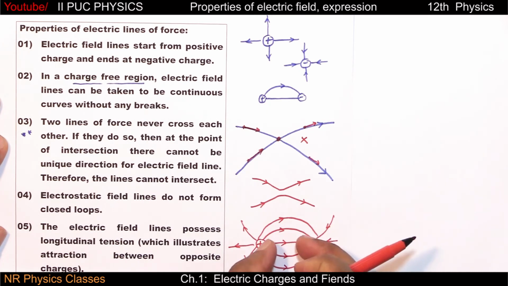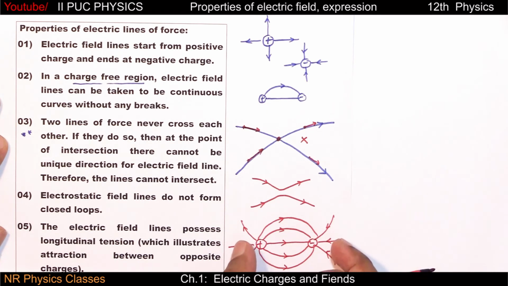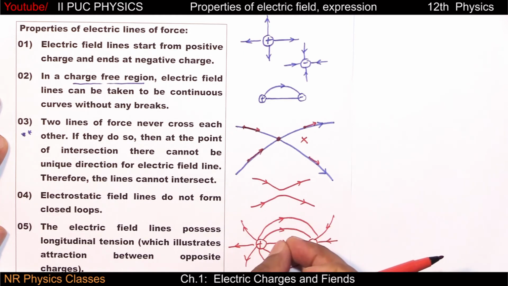A stretched rubber band has the tendency to contract lengthwise. Because of attraction, there is contraction. So this pattern is also similar to that. Therefore, we can imagine that there is longitudinal tension in these electric field lines, which illustrates attraction between the charges.